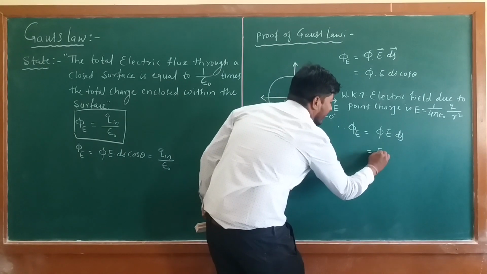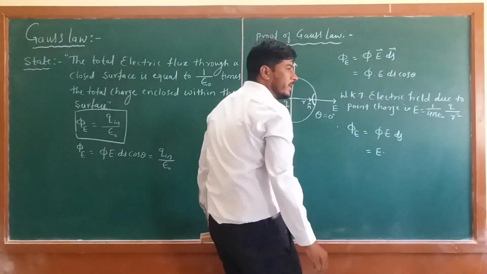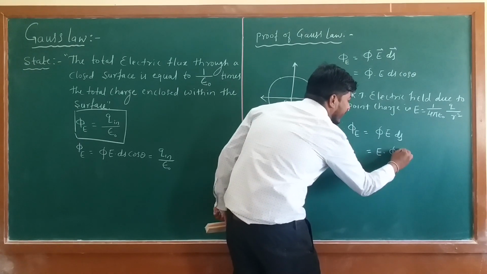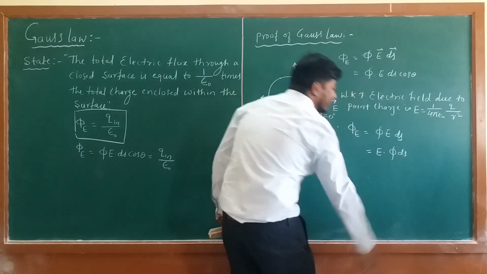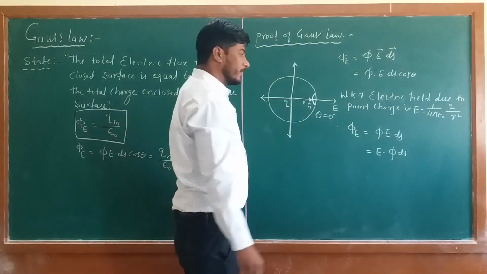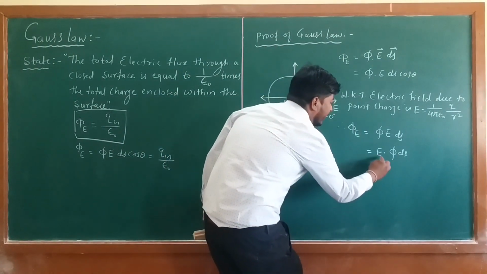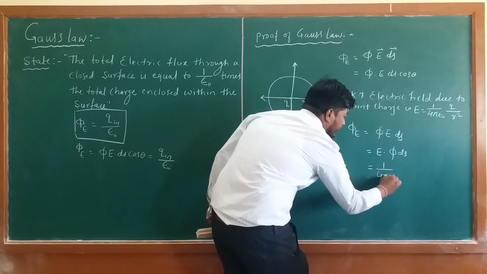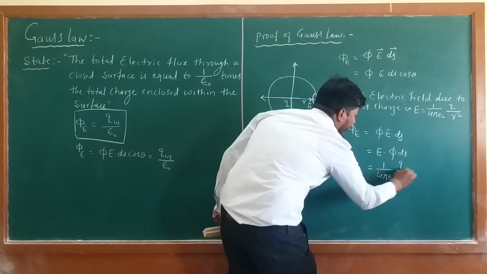The electric field is constant. What is changing? It is the surface area. So it is the surface integration of ds, where ds is nothing but the small surface areas. Therefore, we can write E as 1 by 4 pi epsilon naught, Q divided by r square.